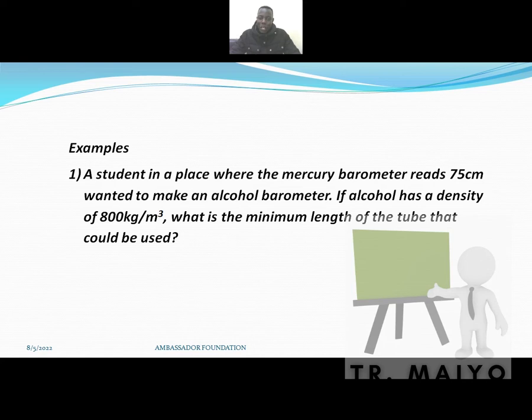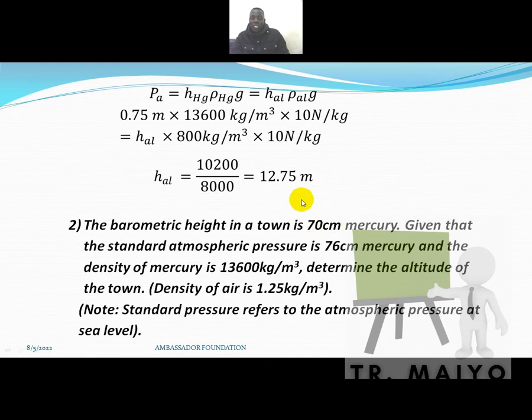So 75 over 100 times 10, which is the g, times 13,600 should be equal to 800 times g times h of alcohol. And you'll get that height. It's very long. Look here. It is 12.75 meters. So you require a tube that you're going to invert which is 12.75 meters. A very long one. That's why we prefer a denser liquid like mercury.